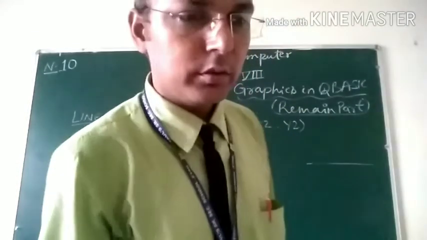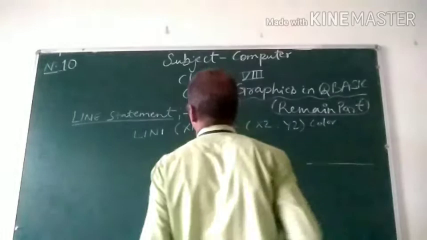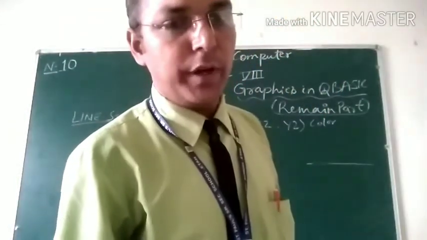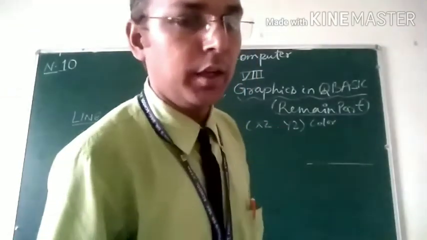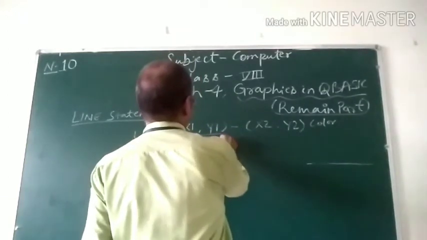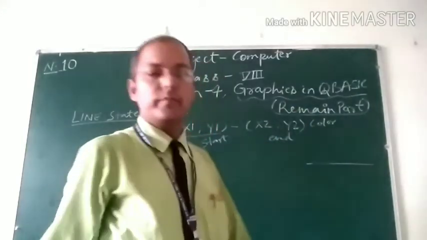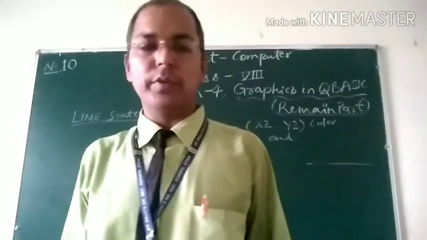Color, where x1,y1 and x2,y2 are the start and end coordinates of a line drawn in a specific color.